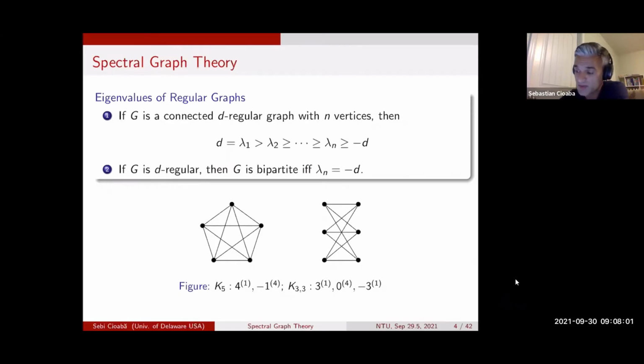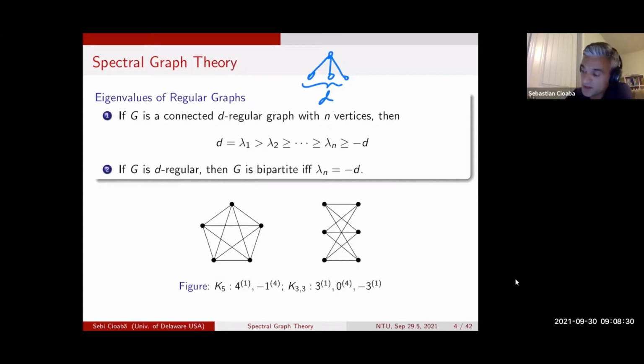So, for example, if a graph is connected, and let's say it's d-regular, so d-regular means just every vertex has the same number of neighbors, which is d. So you have 2 examples at the bottom. Then in that situation, one can prove that the largest eigenvalue of the graph equals d, and all the eigenvalues of the graph are going to be contained between minus d and d.